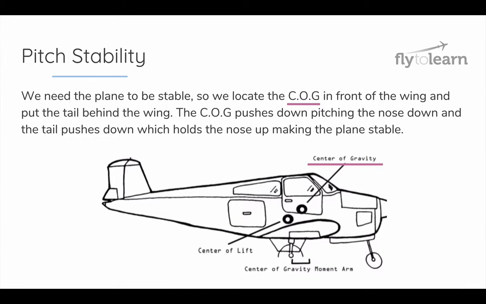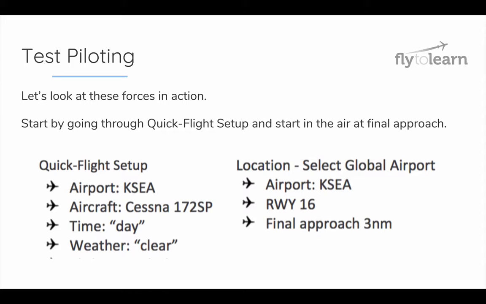We need the plane to be stable, so we locate the center of gravity in front of the wing and put the tail behind the wing. The center of gravity pushes down, which pitches the nose down, and the tail pushes down, which holds the nose up, making the plane stable. Let's go ahead and take a look at these forces in action.